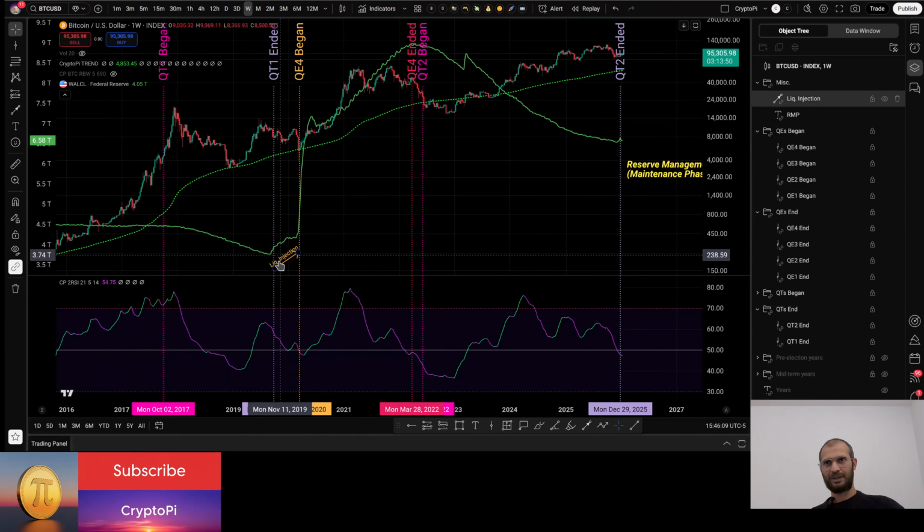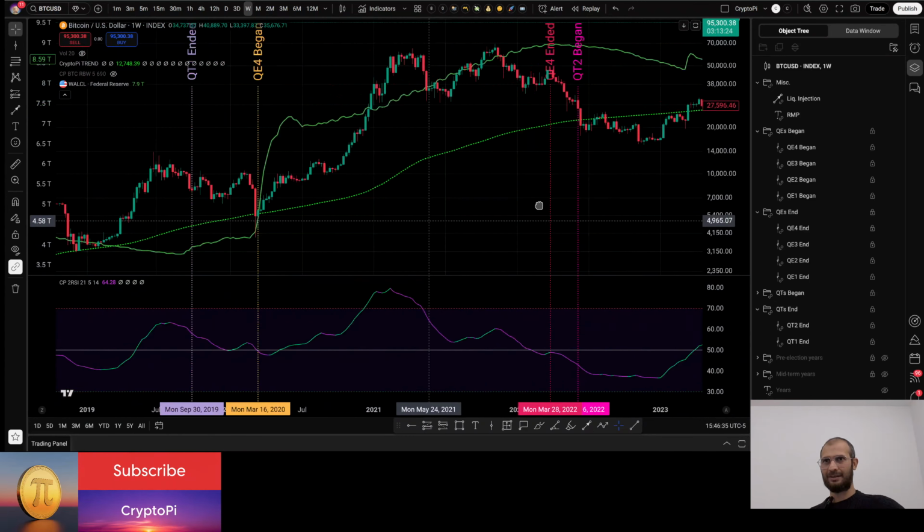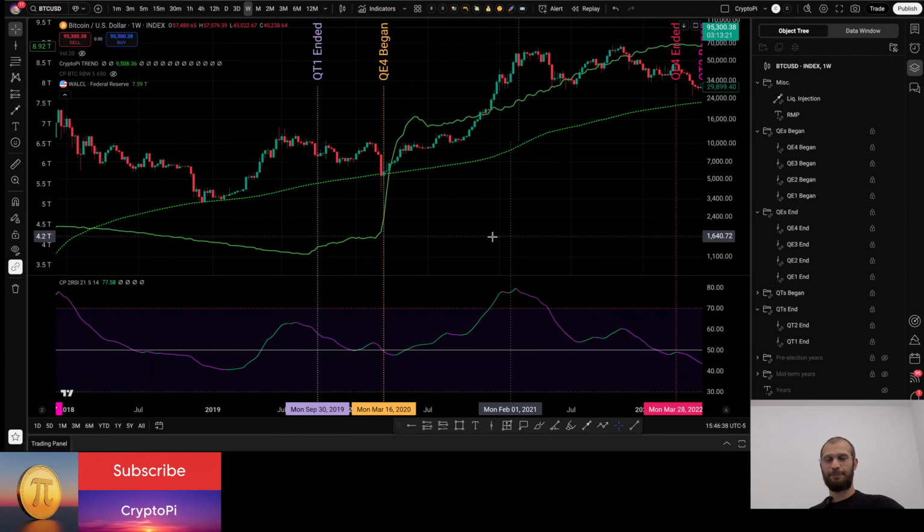Over here, where I have marked this arrow, liquidity injection, this was again not quantitative easing. Quantitative tightening had ended, and we can see that the supply is going higher, but officially there was no quantitative easing happening between September 2019 and March of 2020.